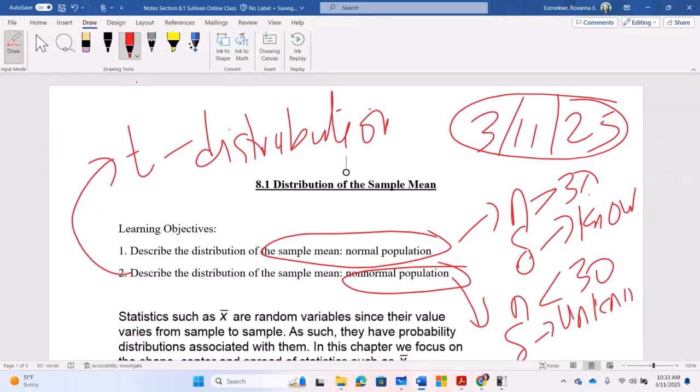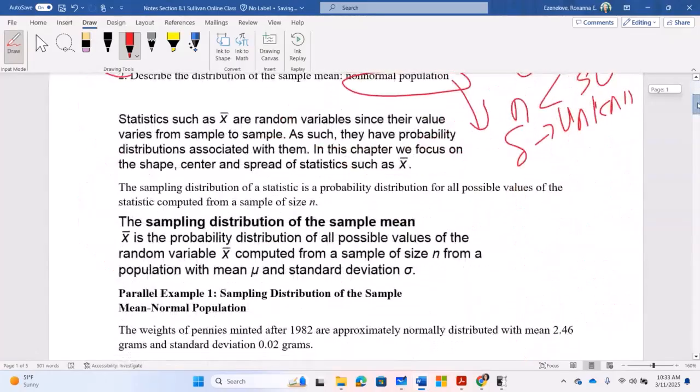I am starting this on time so that we need the whole of next class to do it. We call it the sampling distribution also. The sampling distribution of the mean, or you can also call it the central limit theorem.